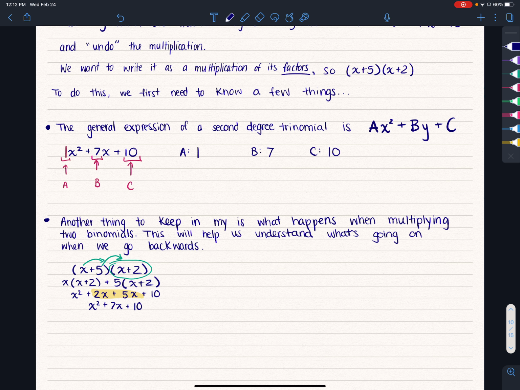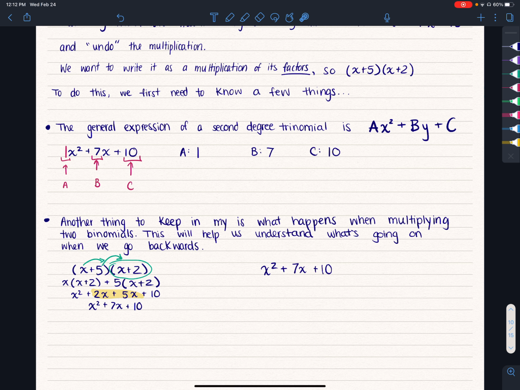So now if instead I give you x squared plus 7x plus 10, in order for us to go backwards, we need to break this middle term up. And if you didn't know the answer, you wouldn't know how. How should I break up 7x?